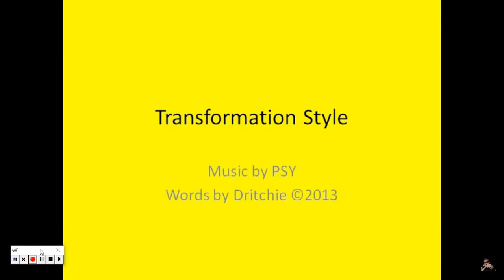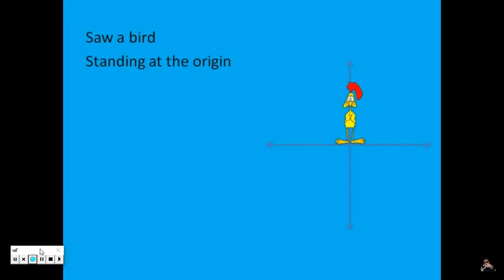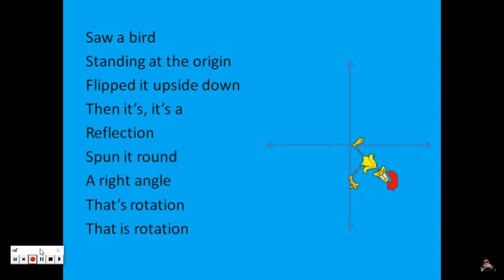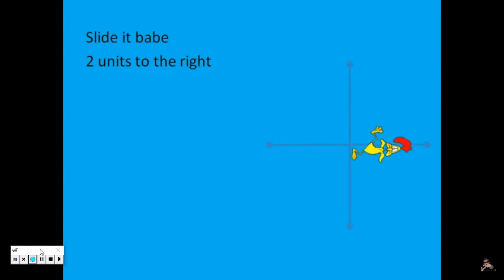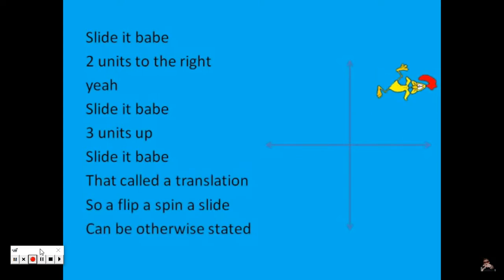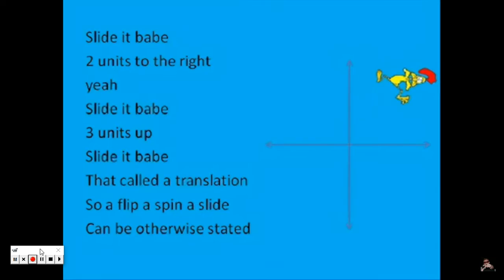Transformation style. Standing at the origin, 50 upside down. Then it's a reflection, spun it round. Right angle, that's rotation. That is rotation. Sideways, 2 units to the right. Yeah, sideways, 3 units up. Sideways, that's called a translation. So a flip, a spin, a slide, and below the round station.